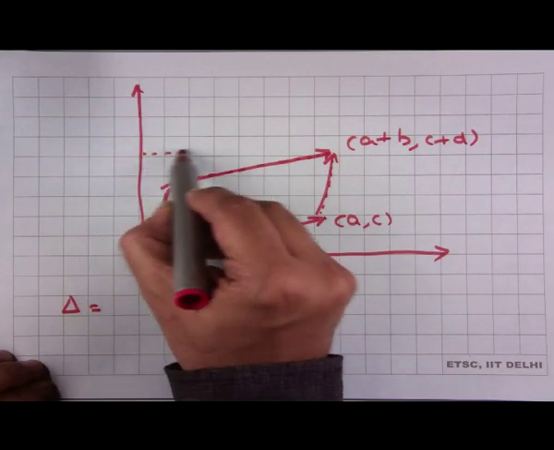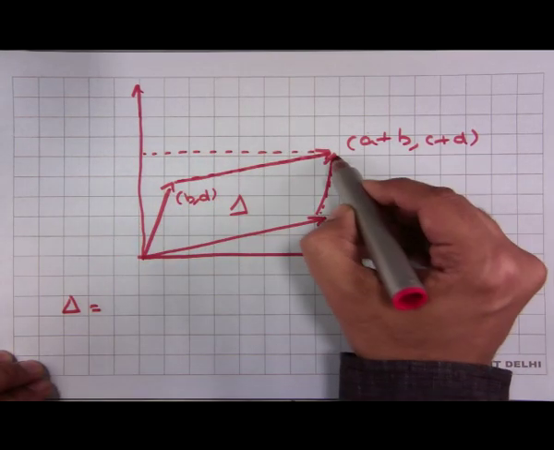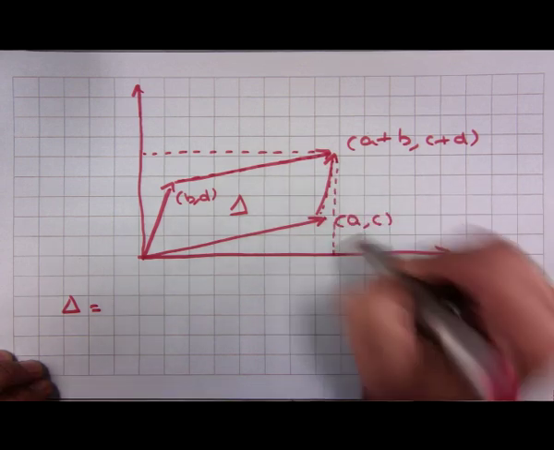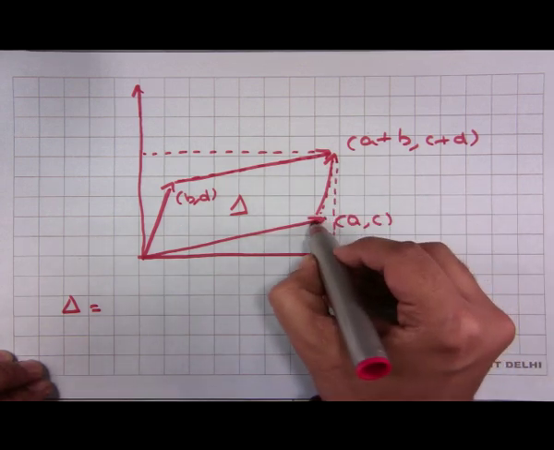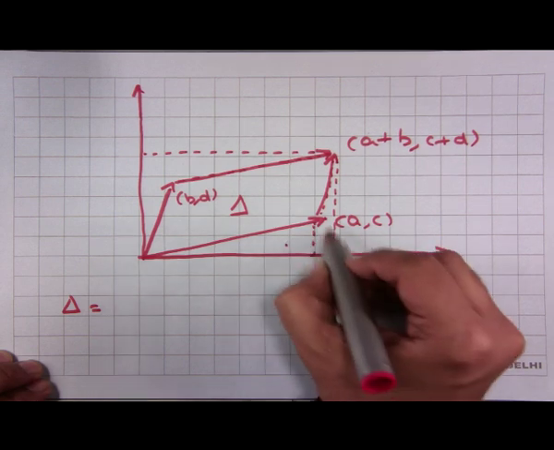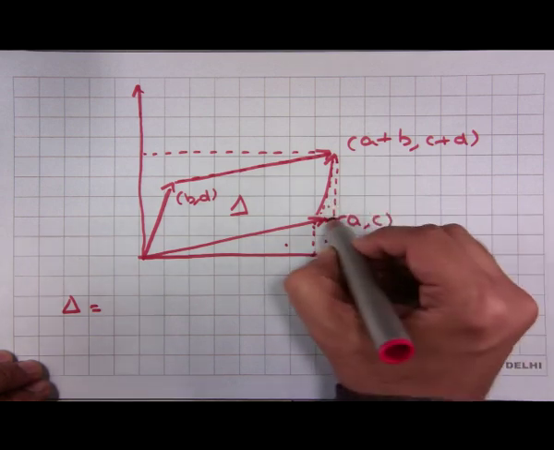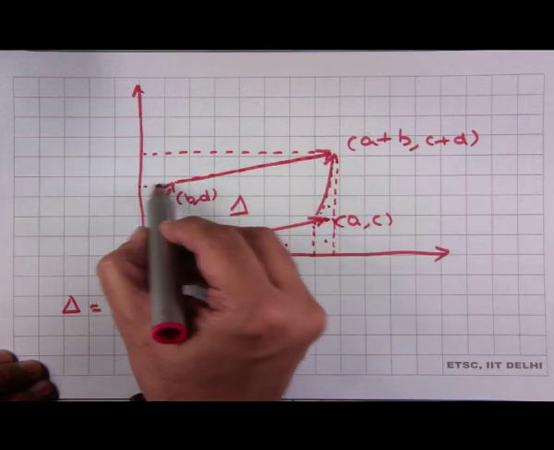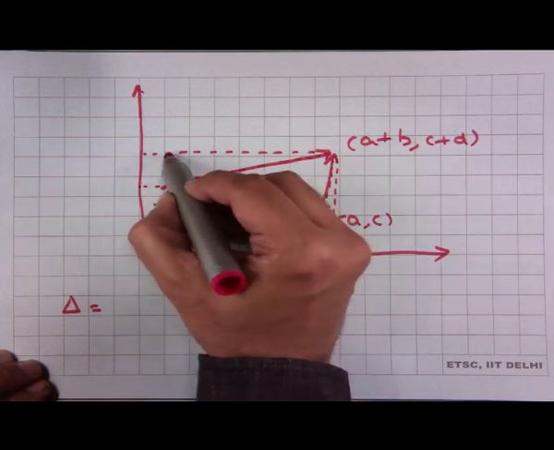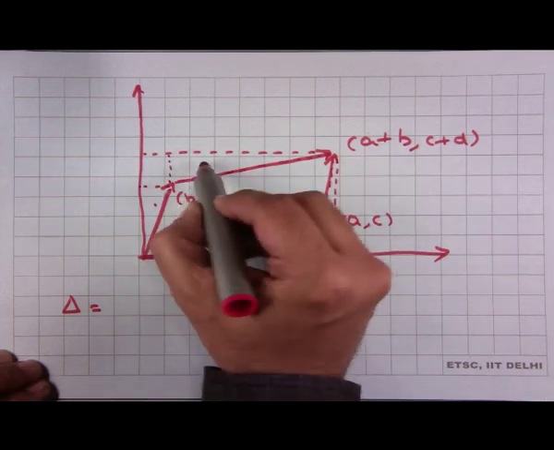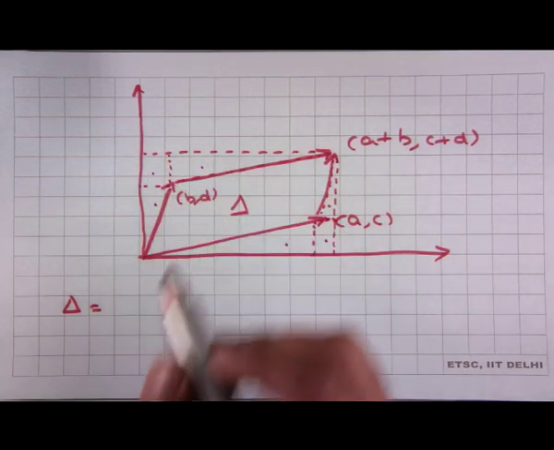What I mean is that we can take this dashed area and subtract out from it the area of this triangle, this rectangle, this triangle, this triangle, this triangle, and then this rectangle.